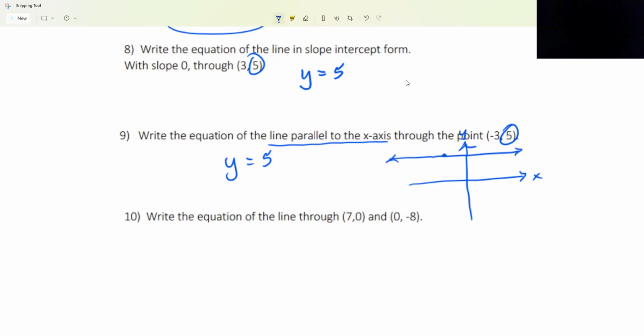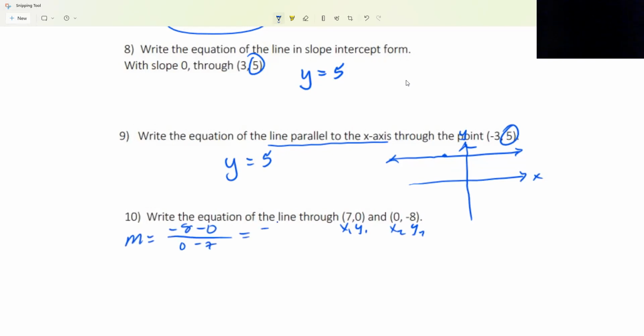It says write the equation of the line through 7, 0, and 0, negative 8. Again, they don't give us the slope, but we can figure it out because they give us 2 points. So x1, y1, x2, y2, you plug them in, you say m is equal to negative 8 minus 0 over 0 minus 7.